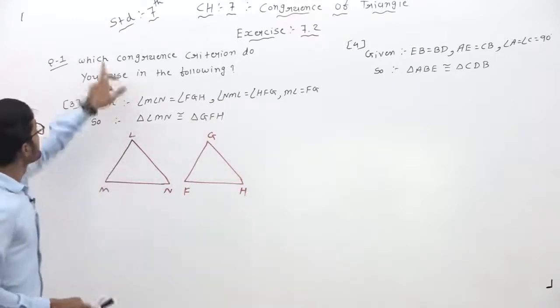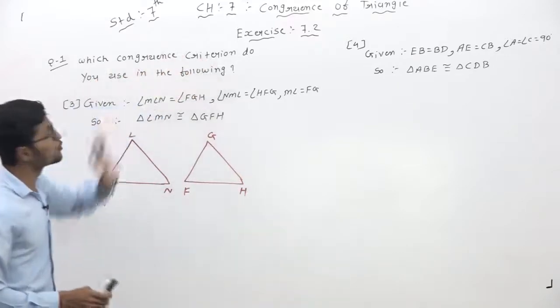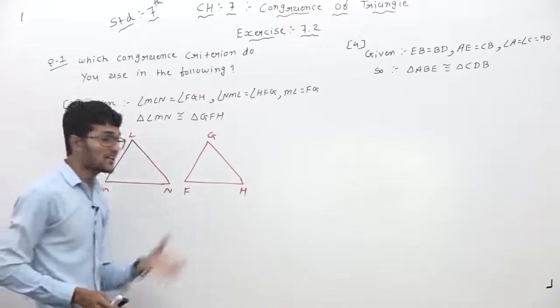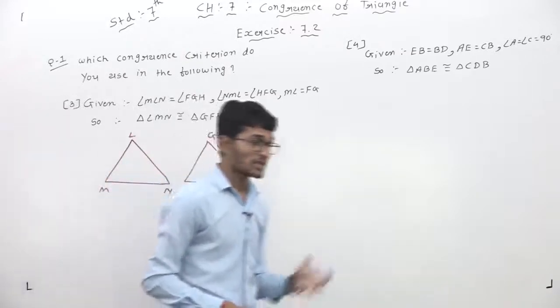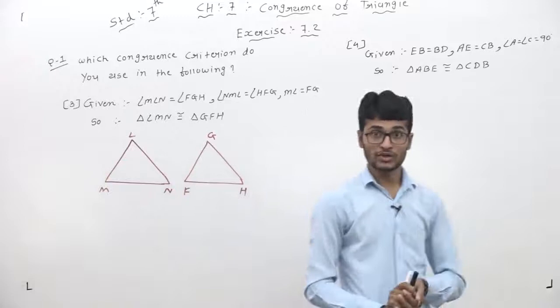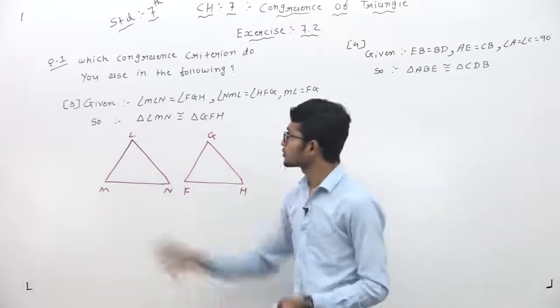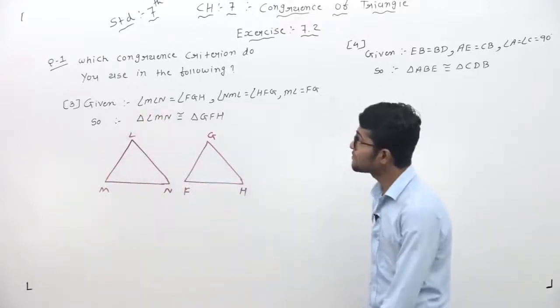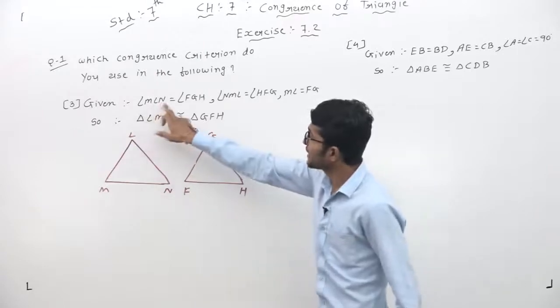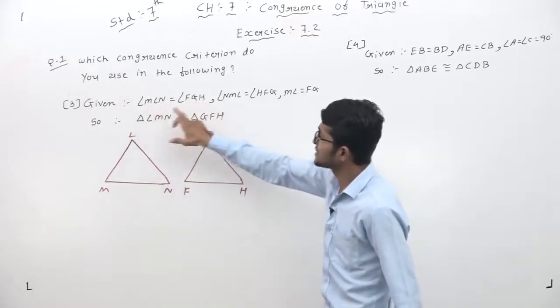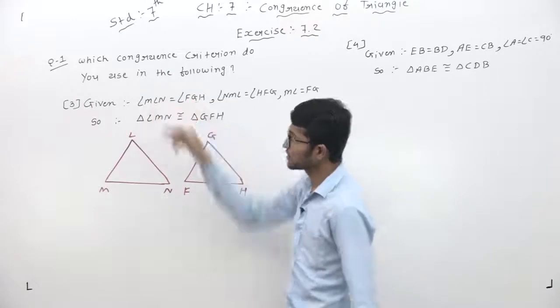Which congruence criterion do you use? It means which criteria are used in this question, so that these two triangles are congruent. Okay, so we will find. First of all, here is the given: the angles.